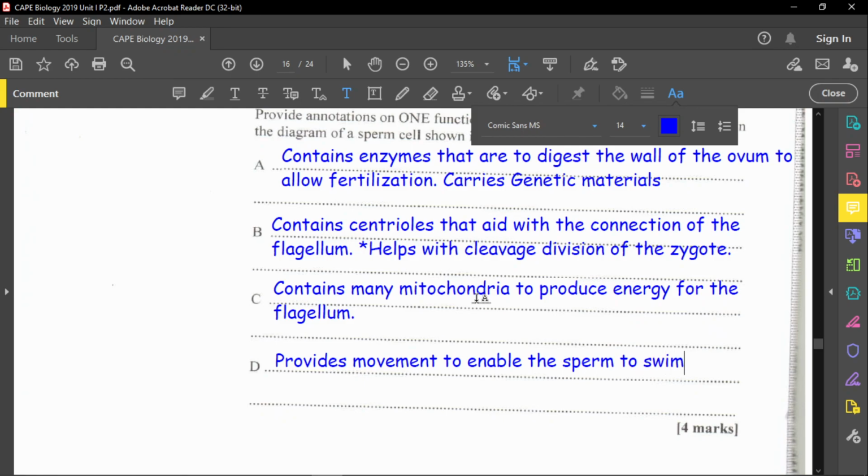Very important to note that. As a matter of fact, it will swim in the oviduct as well, and through the urethra and along the female reproductive tract. So it's very important to provide that energy. The movement for the sperm to swim, and the energy that it gains, will come from the midpiece, which contains many mitochondria. All right, so let's go to the next part of the question.